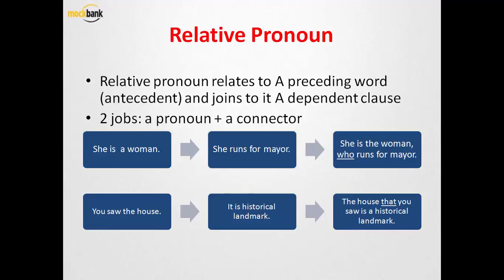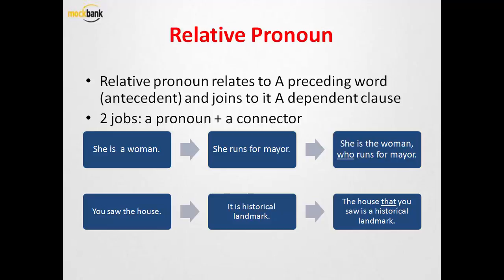Now if I want to combine these 2 sentences, I realize that the second sentence uses she, and this is being used for the woman in the first sentence. What I will do is combine these 2 sentences with a relative pronoun which is who. The sentence will look like she is the woman who runs for mayor.